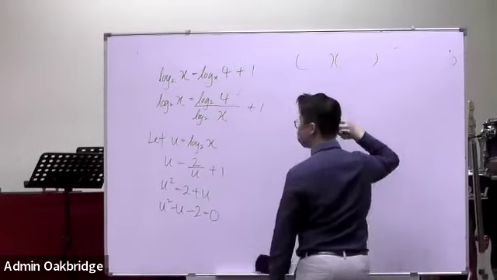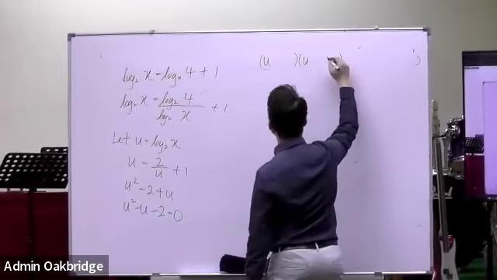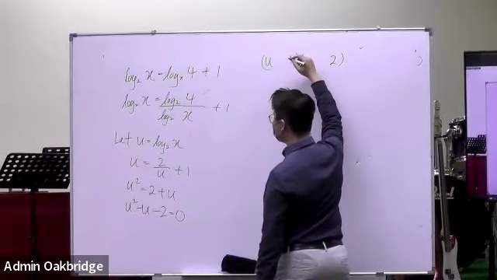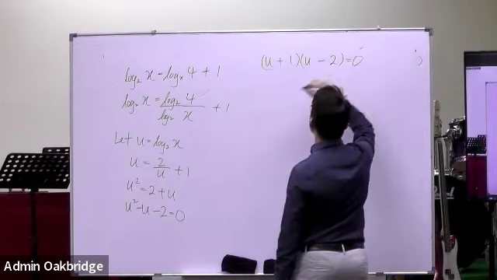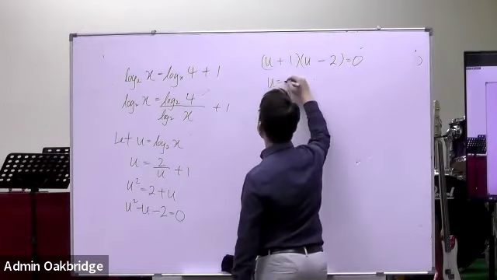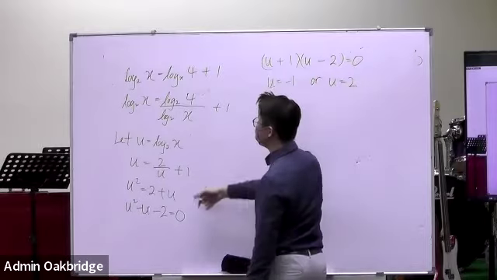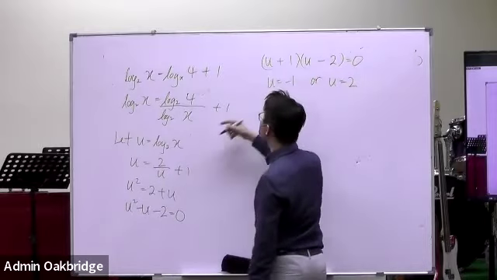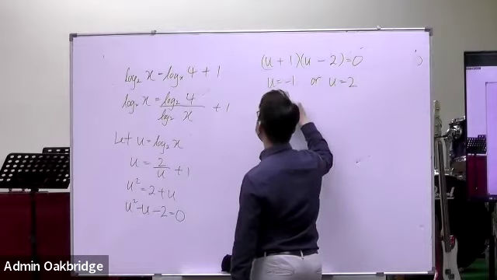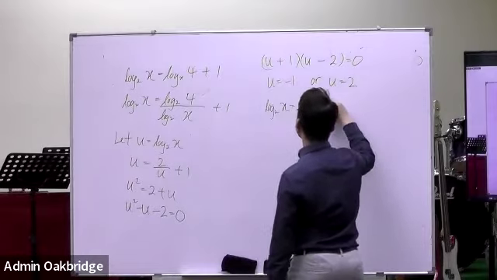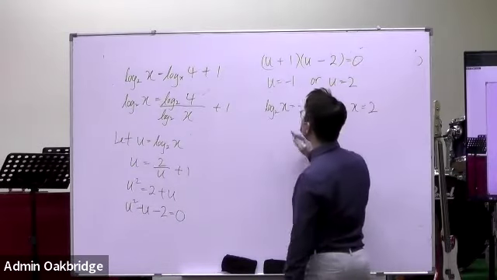Now, can you solve this? It can be factorized. Plus, minus, yes. So now u equals -1 or u equals 2. Go back to our substitution. Log base 2 of x equals -1 or log base 2 of x equals 2.